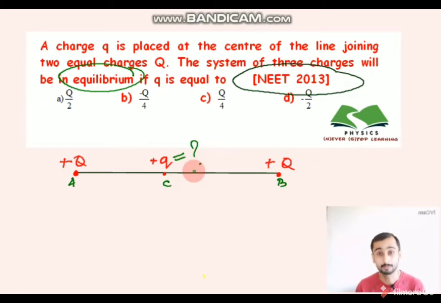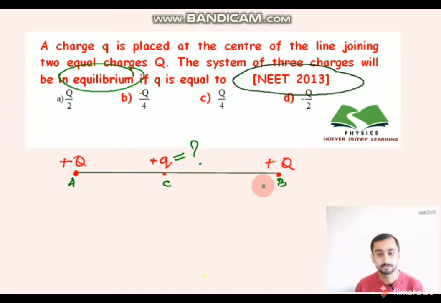Actually the minus sign is there in some of the options, therefore you need to consider the value, or you have to find out the value of small q so that all these three charges are in equilibrium. Equilibrium means they are not moving.